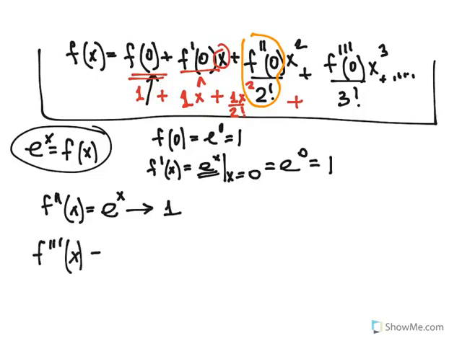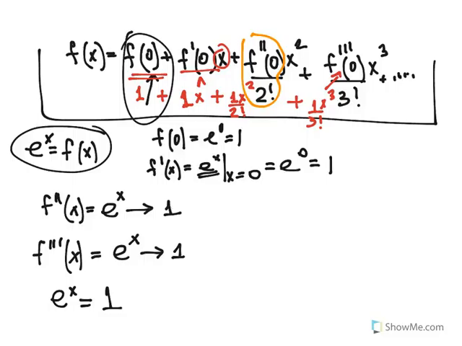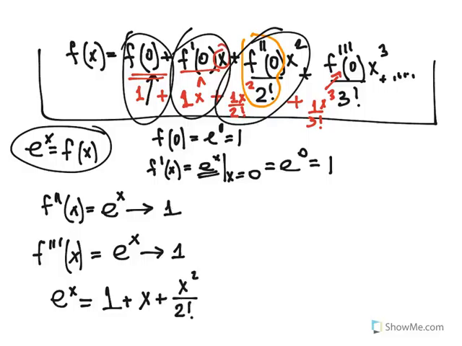So the third derivative is again e to the x. At 0, you get 1. So that means this is 1, but then you do x cubed over 3 factorial. Let's put them together. e to the x equals 1, because that's 1, plus 1 times x, I'm just going to put x, plus x squared over 2 factorial, plus x cubed over 3 factorial.